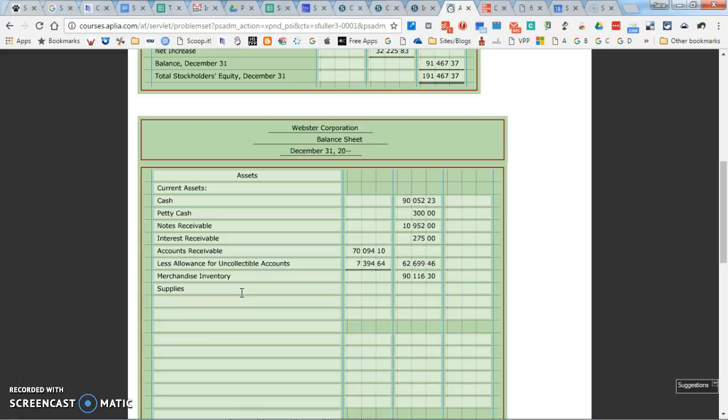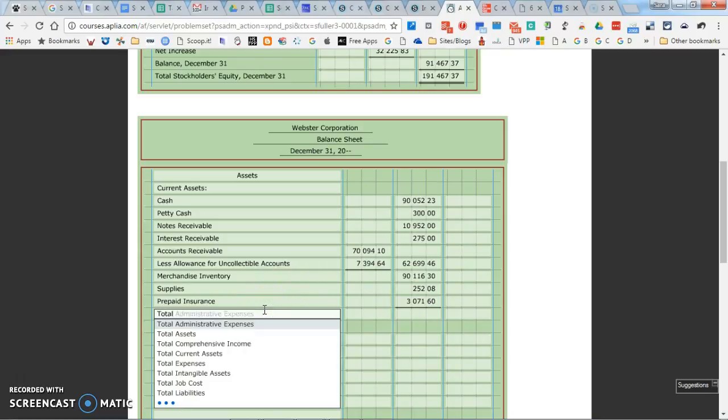Then supplies, middle column, $252.08. Then prepaid insurance, middle column, $3,071.60.